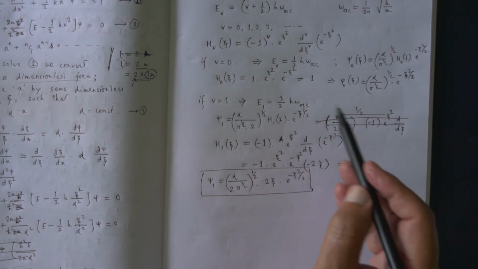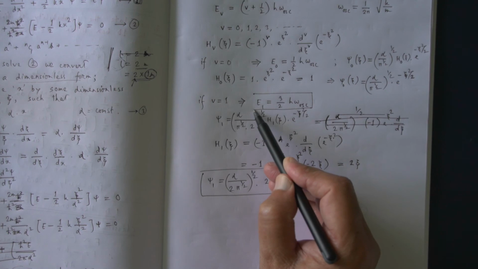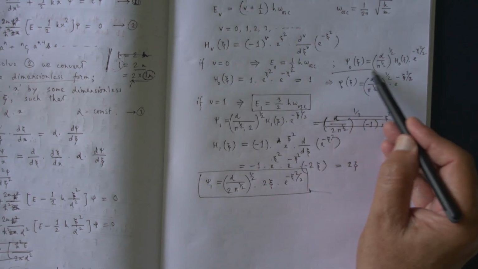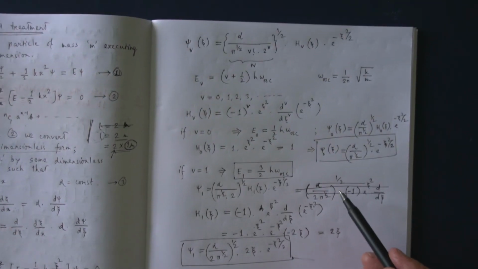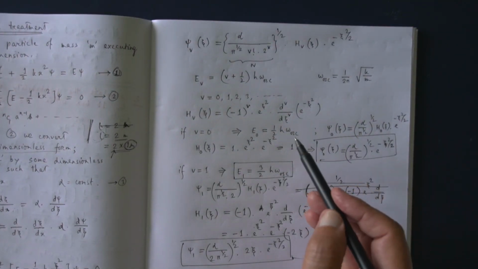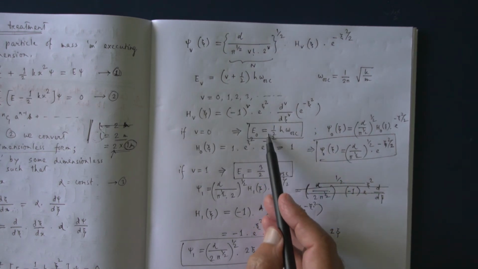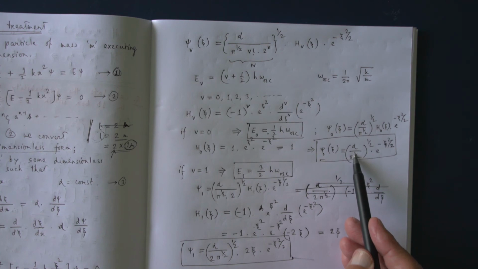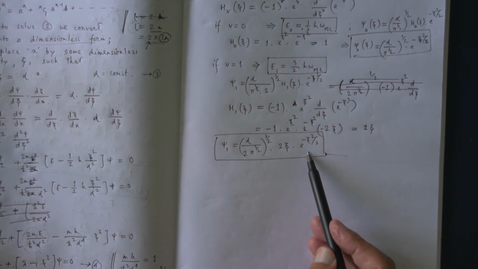So energy equal to this, and we are getting this psi 0, and energy this. So energy this corresponding wave function this.